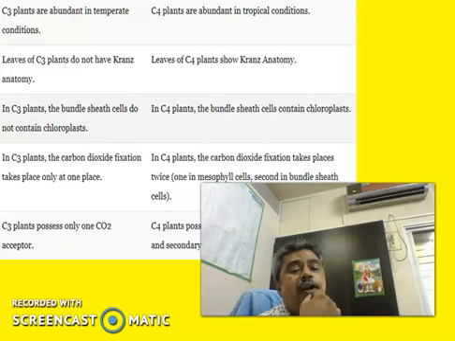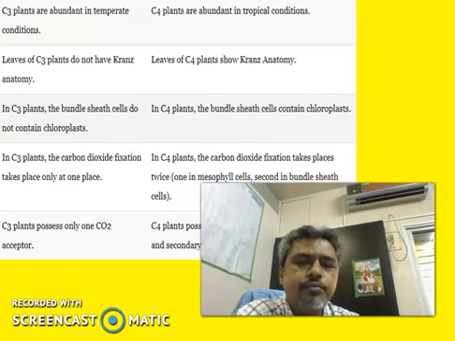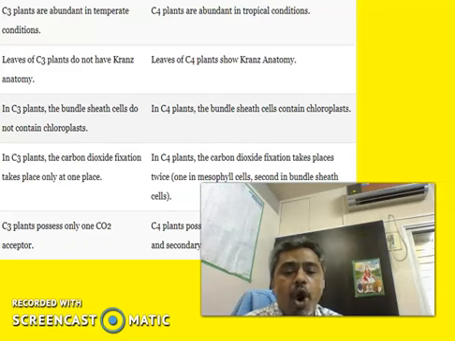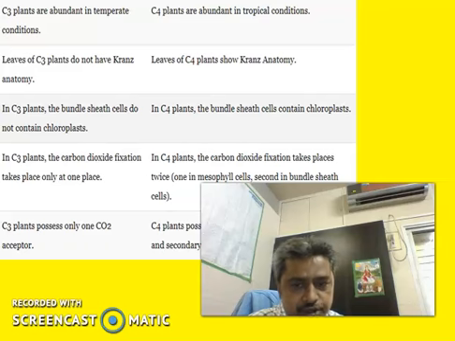Here C4 plants are abundant in tropical climate. Leaves of C3 do not have Kranz anatomy. Leaves of C4 have Kranz anatomy. In C3 plants, the bundle sheath cells do not contain chloroplast. In C4 plants, bundle sheath cells contain chloroplast.